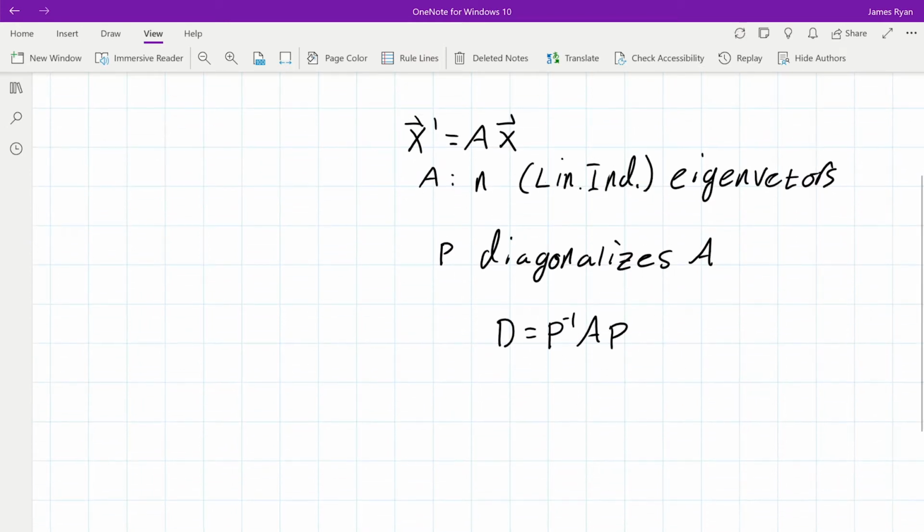So we will make this substitution: we'll let x equal P times some vector y.